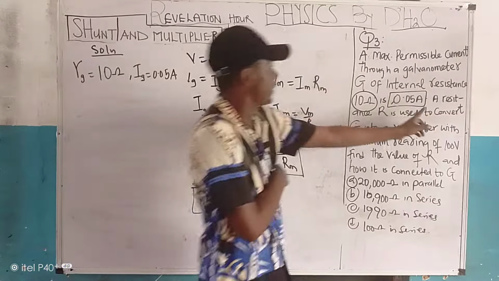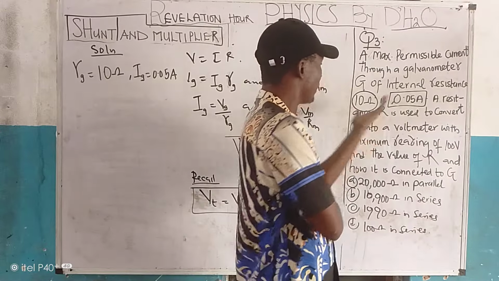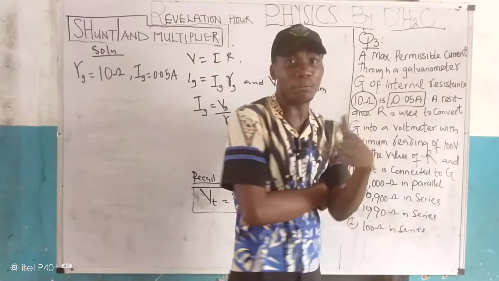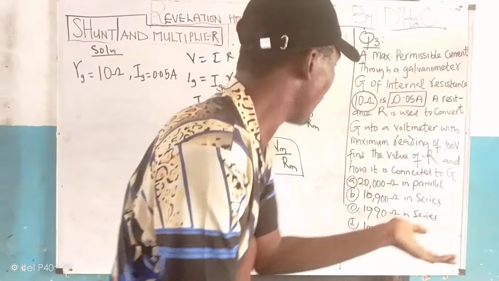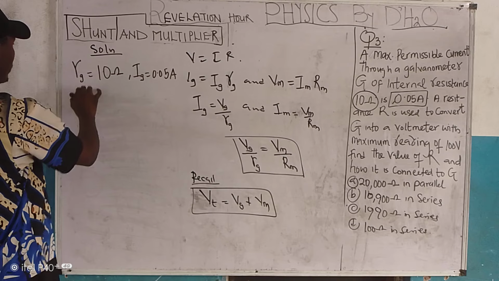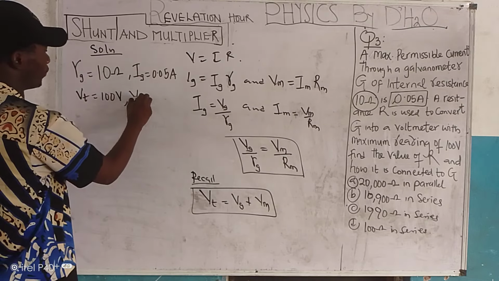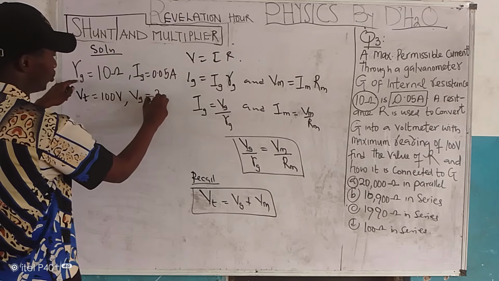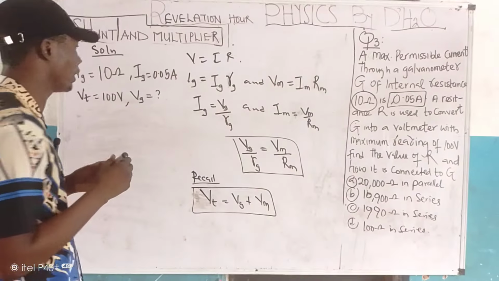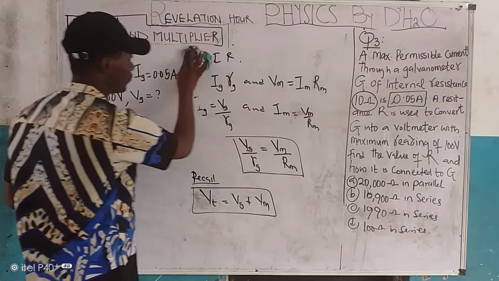A resistance of R is used to convert G into a voltmeter with a maximum reading of 100 volts. That means the total voltage that is to be measured is 100 volts. If your total voltage V total is 100 volts, did they give us the voltage in the galvanometer? No. Were we given the voltage in the multiplier? No. So what do we do now?